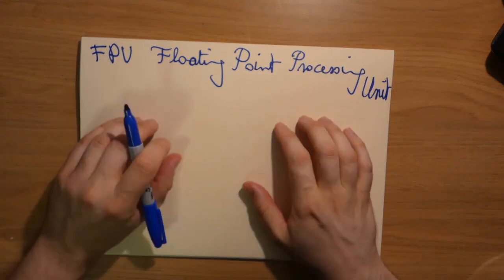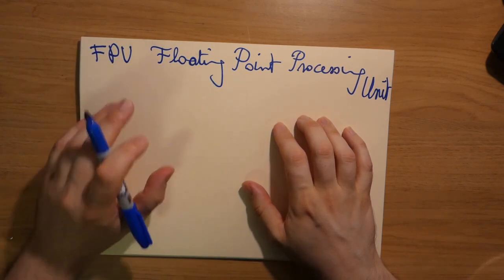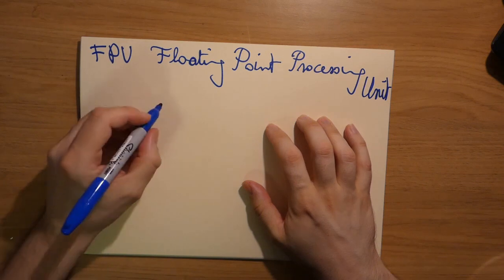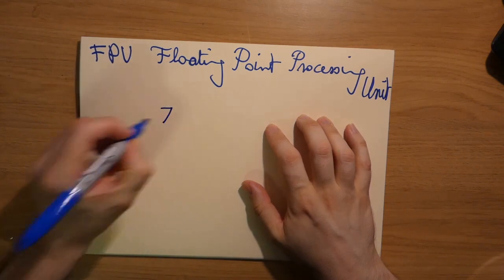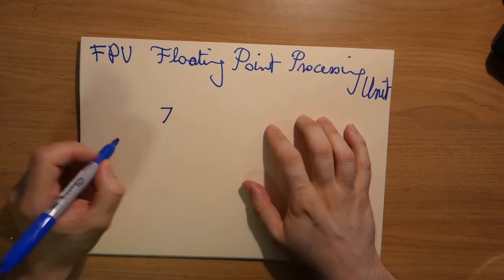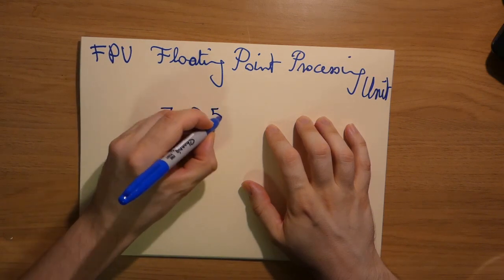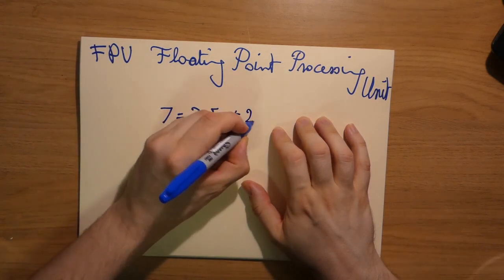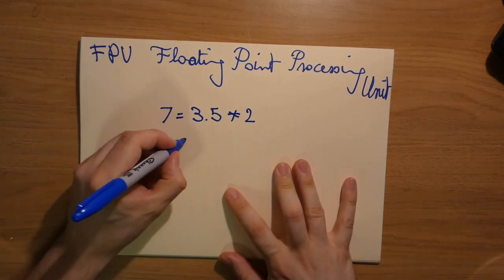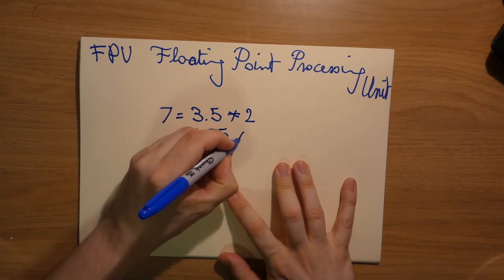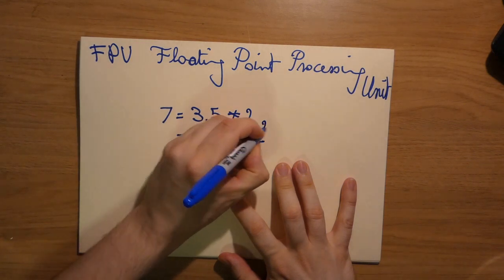So far everything we have done allowed us to only compute with whole numbers. How do we deal with fractional numbers? Well, if we have a number like 7, 7 is equal to 3.5 times 2, and that's really the same thing as 1.75 times 2 to the power of 2.